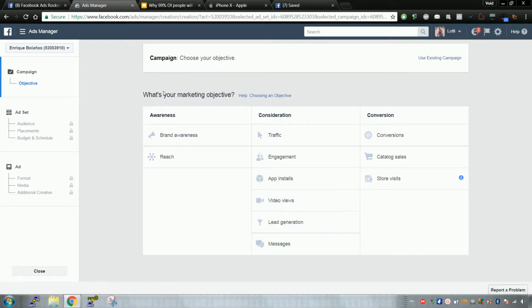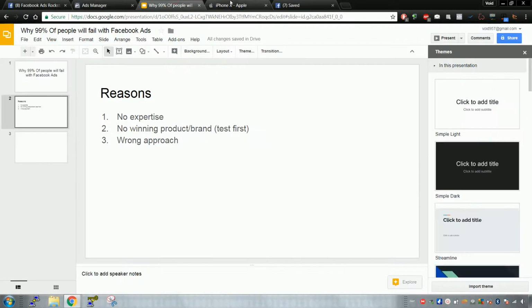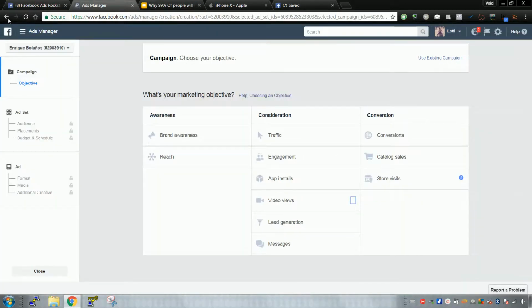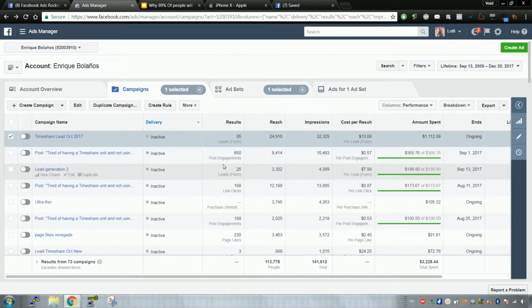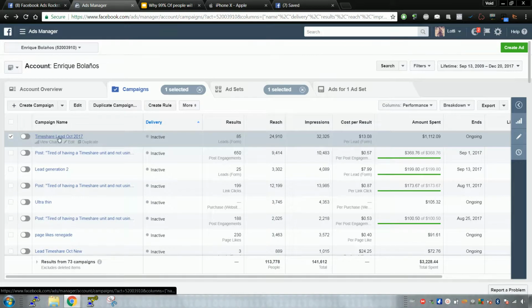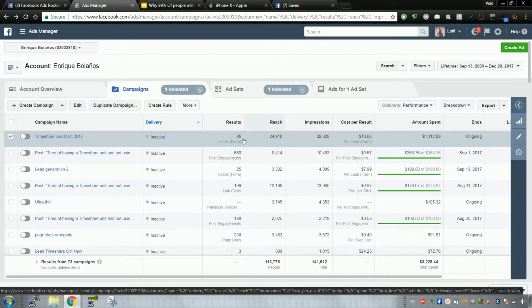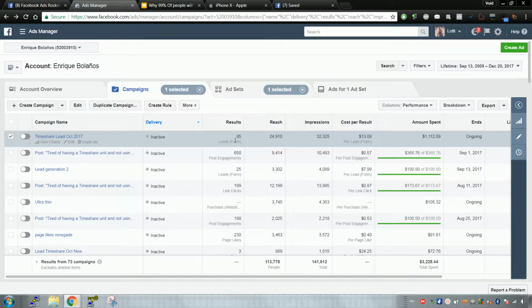But the first objective you choose, you have to know what the main objective is for your business. In my clothing campaigns, it's always traffic, not even conversions much. With this one, he chose leads, and that's not good, because you don't need that.